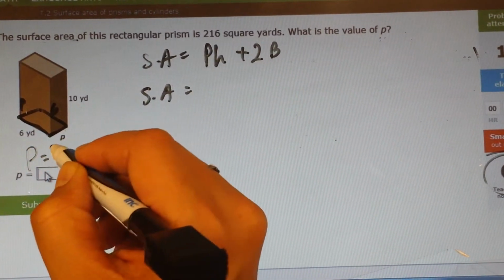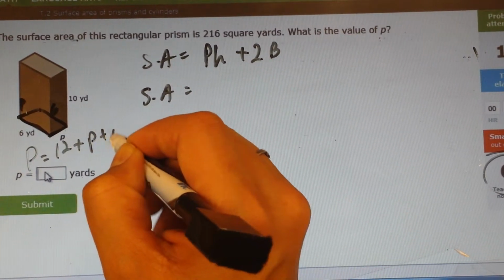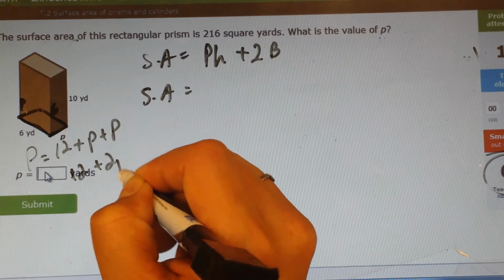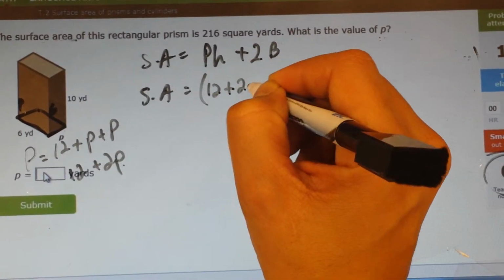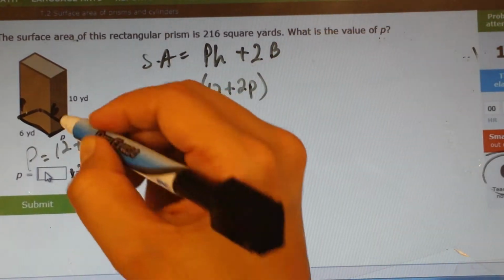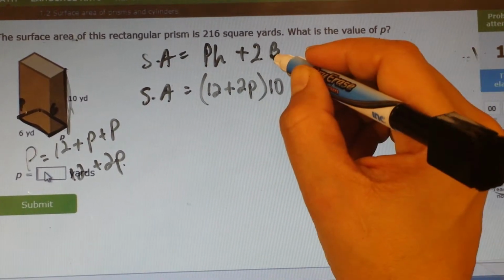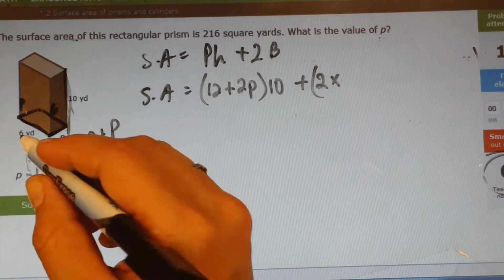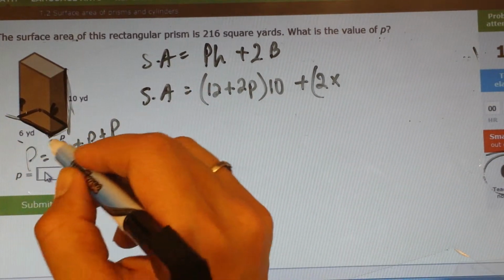So P is 12 plus, and then I have P, and I have another P, so P plus P. So 12 plus 2P. That's my perimeter. So 12 plus 2P times the height of the thing, which is 10, plus 2 times the area of the base. Area of a parallelogram is just base times height, so 6 times P.